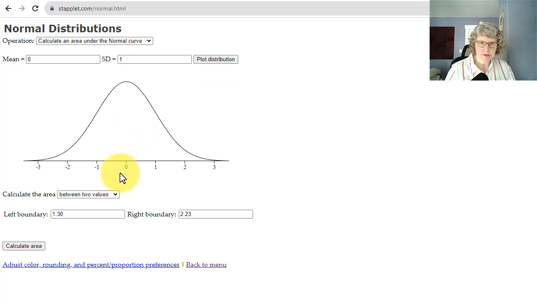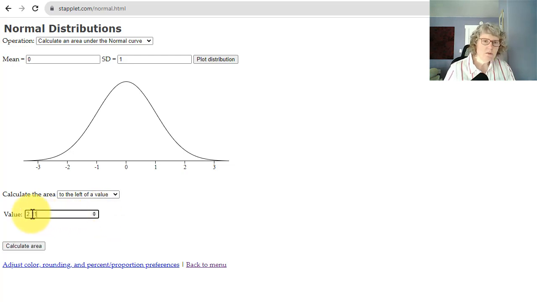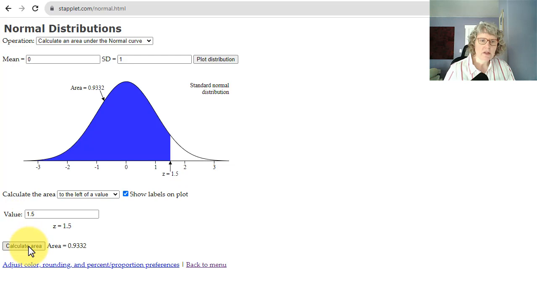Now I have the picture that matches our standard normal: 0, 1, 2, 3, -1, -2, -3. And I want below, to the left of, 1.5.